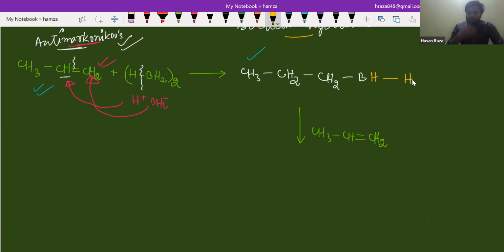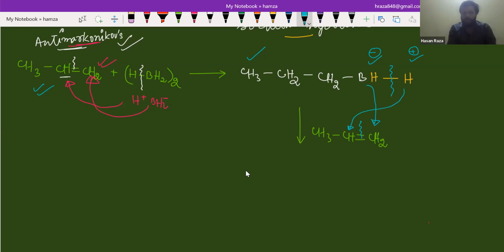Yes, sir. Now see, this bond will be broken, and this is the positive part and this is the negative part. What is anti-Markovnikov? The negative part will go to that carbon which has the greater number of hydrogen, and the positive part will go to that carbon which has the lesser number of hydrogen.